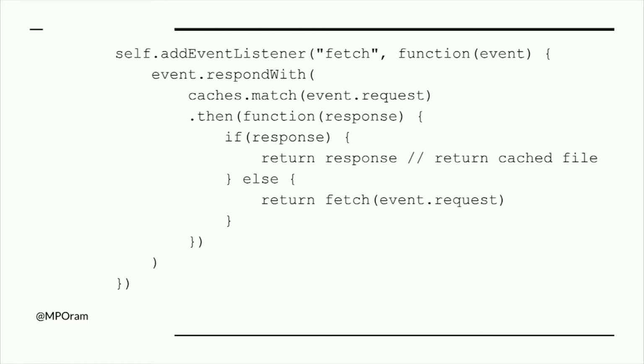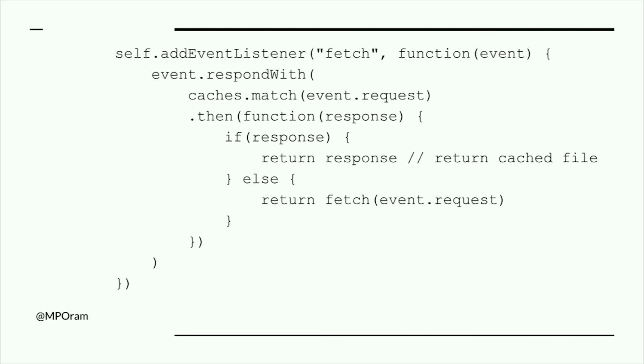As I said, it has access to all of your network requests, all of your HTTP traffic. So here I'm hooking into the fetch event, which is the name for an HTTP request or an AJAX request these days, if you're used to using the fetch API. This will hook into every or any HTTP request that comes out of your application and then allows you to decide what happens with that.